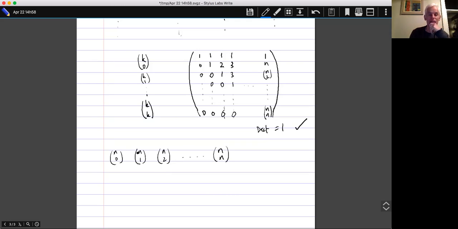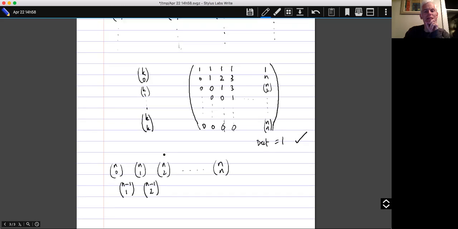So the first successive difference by Vandermonde's theorem, I'll get that n choose 0 plus n minus 1 choose 1 equals n choose 1. And n choose 1 plus n minus 1 choose 2 equals n choose 2.